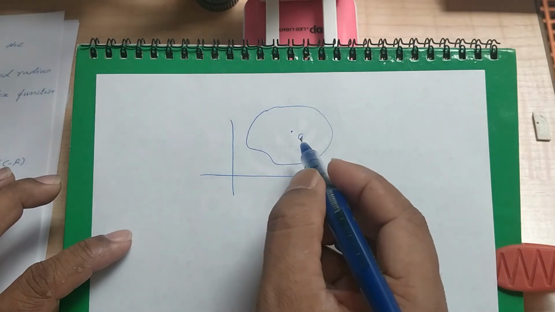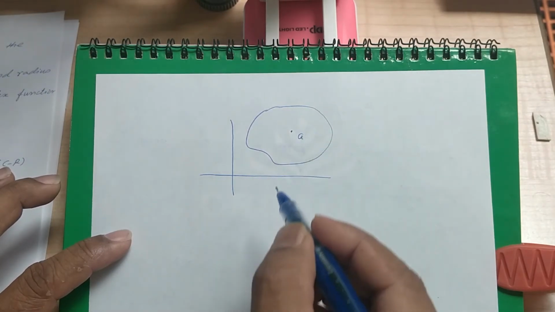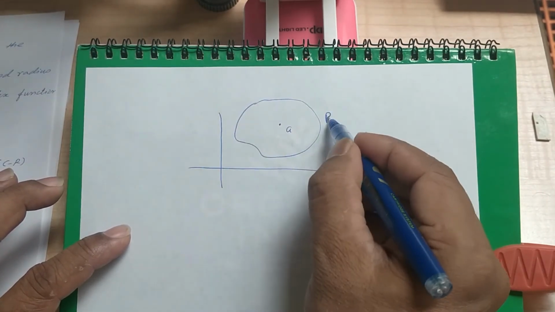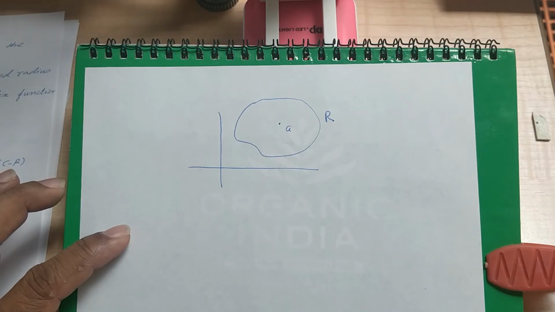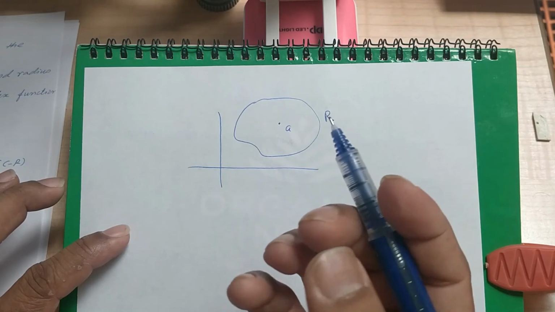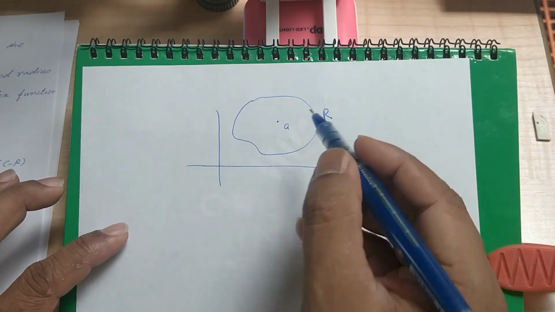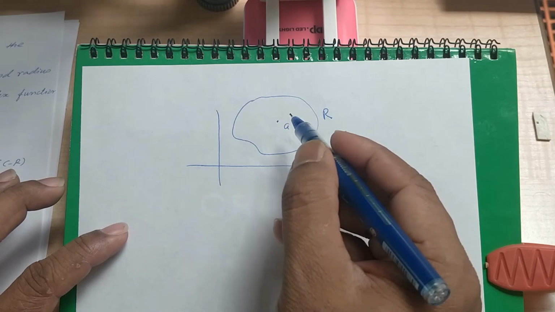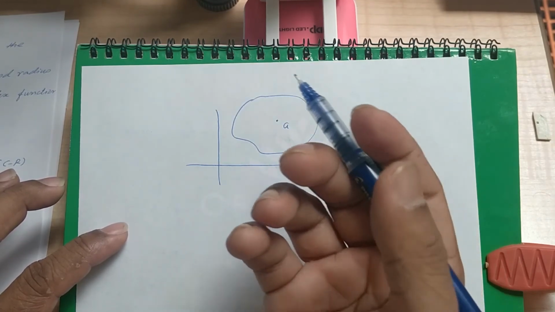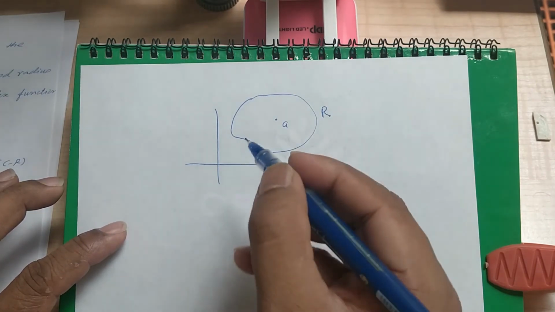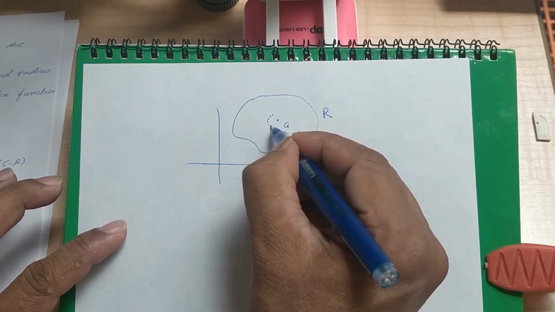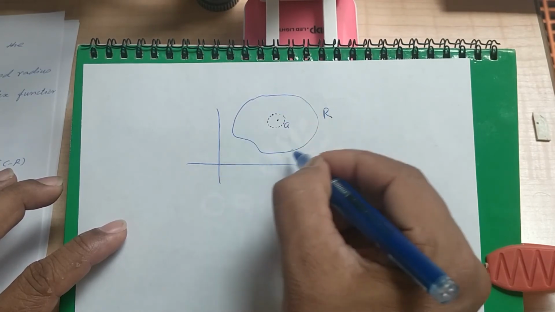So we need space to work around a, and therefore we make some assumptions about the domain R. If you take any point within R, there should be a ball completely contained inside the domain. For example, if I pick this point a, there should be a ball sitting completely inside it.